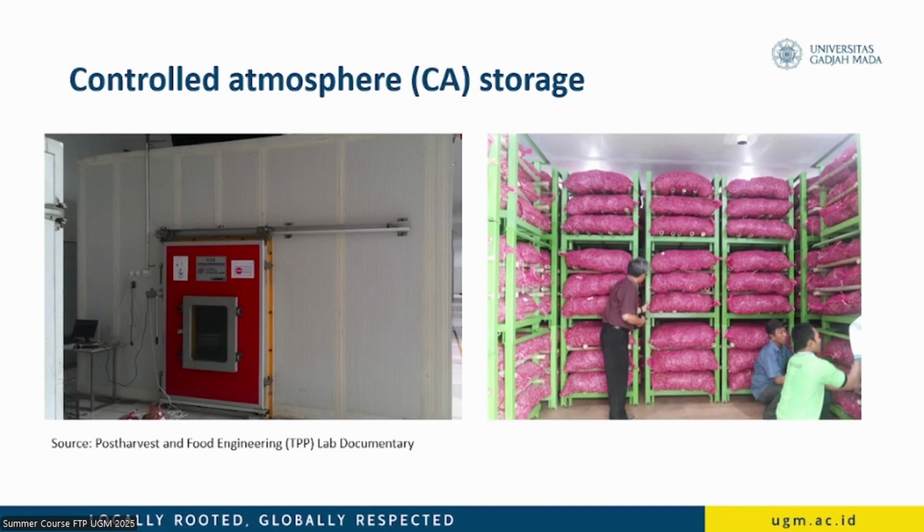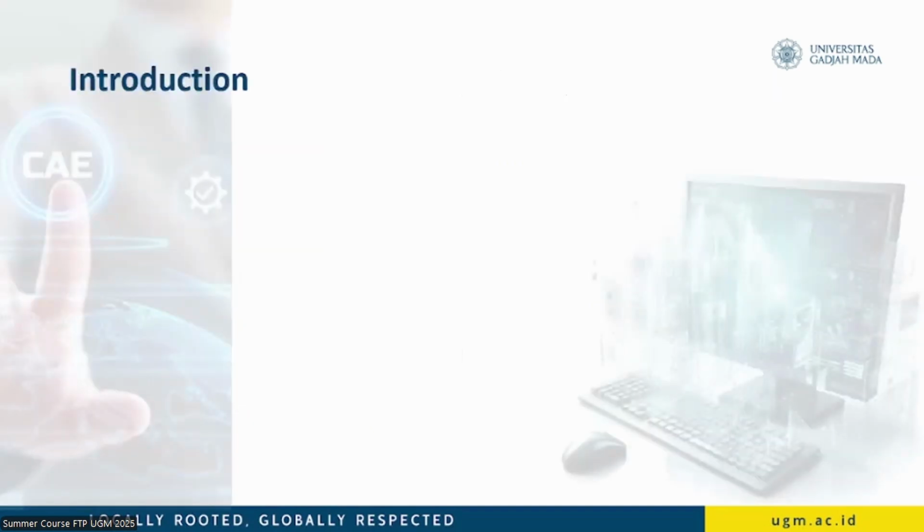We put so many onions inside the storage. We want to know how long the onions will be safe inside the CA. But we need so many onions, and we also need the facilities as well.